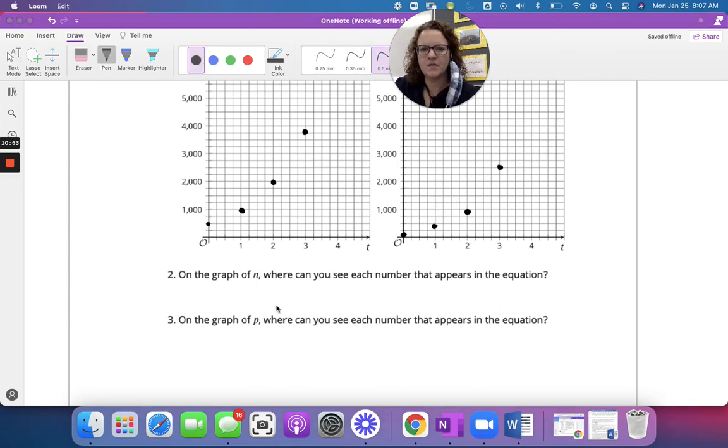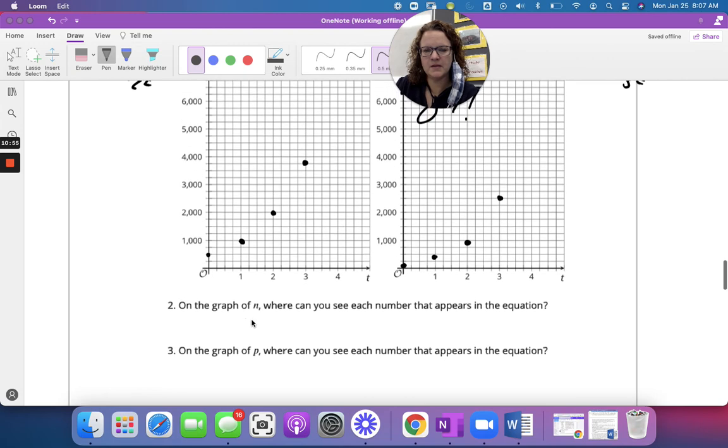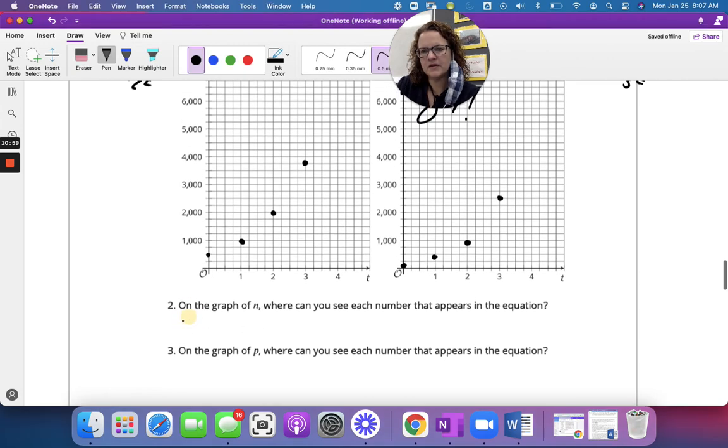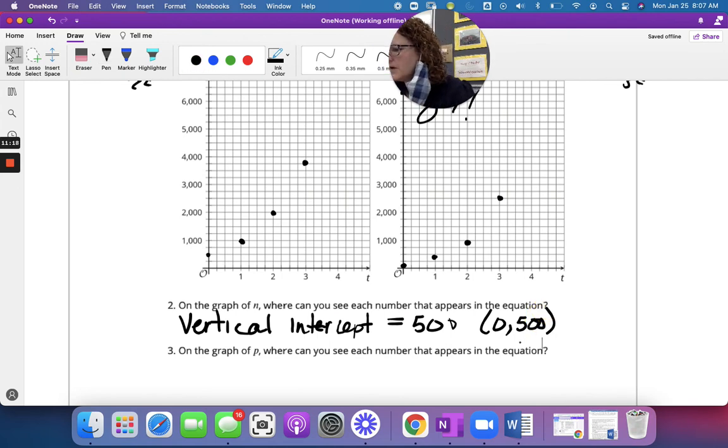On the graph of n, where can you see each number that appears in the equation? So on graph n, we see that the vertical intercept is 500 because it's 0, 500. Where would we see the other one though?